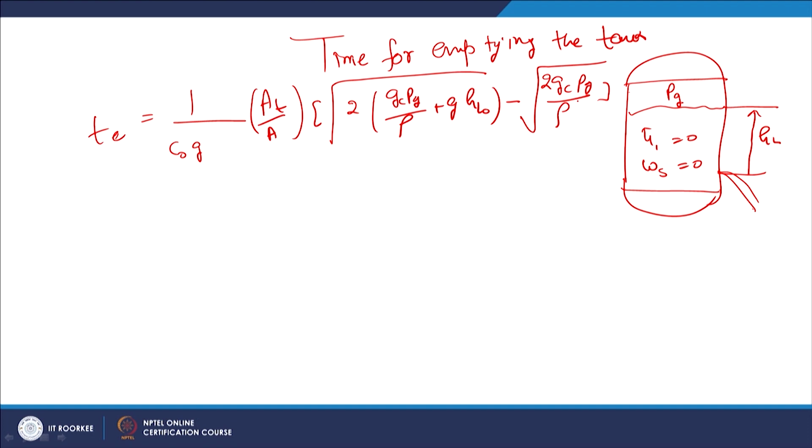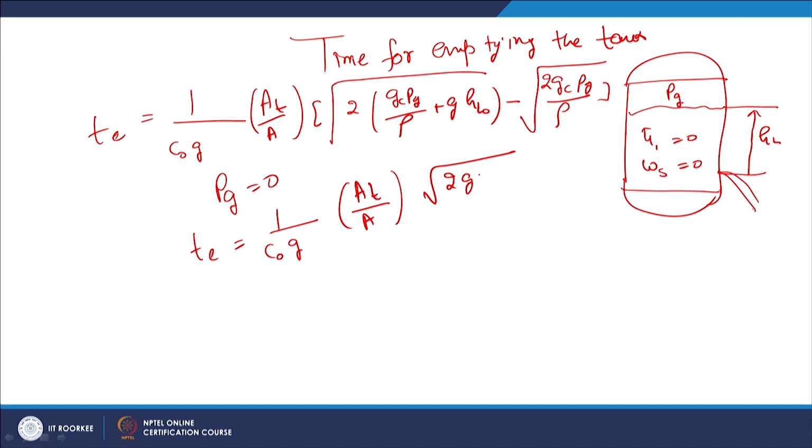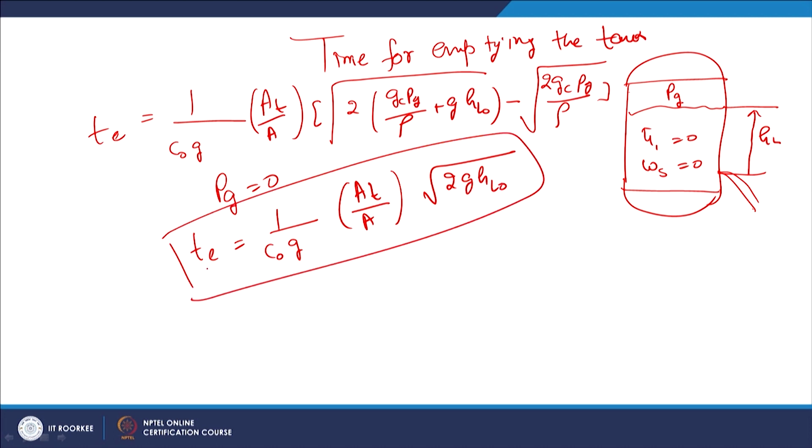Now if the vessel is at atmospheric pressure, then Pg is equal to 0. Then TE is equal to 1 upon C naught, AT upon A, times the square root of 2 HL naught upon G. Now let us consider another thing, that is the flow of liquid through pipes.